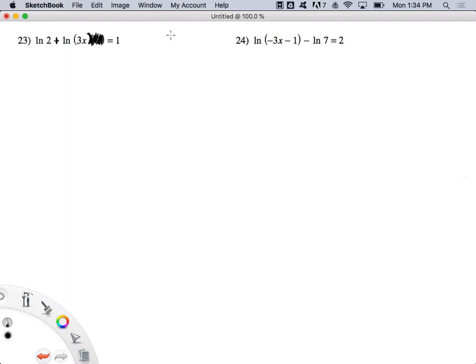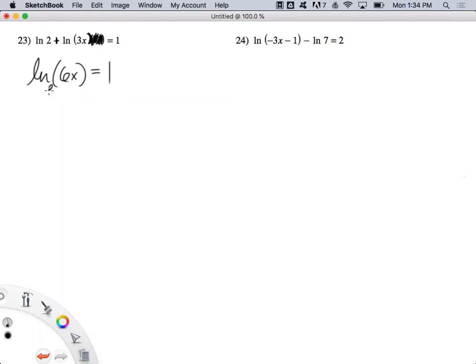Beautiful. I combine them, right? So it becomes ln of 2 times 3x, which is 6x, equals 1. What's the base of ln?